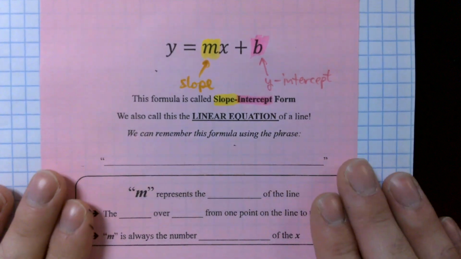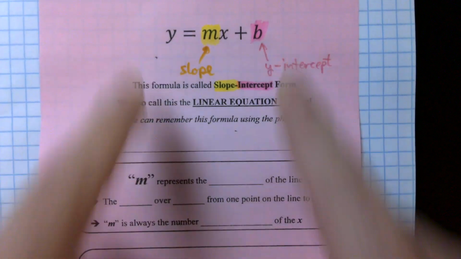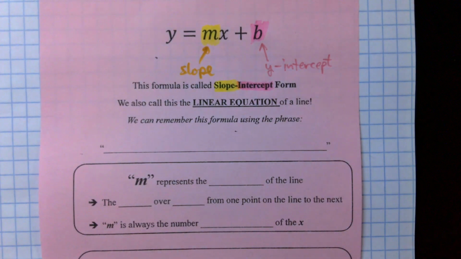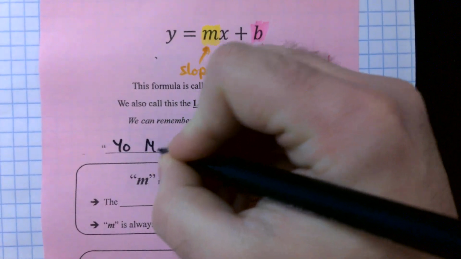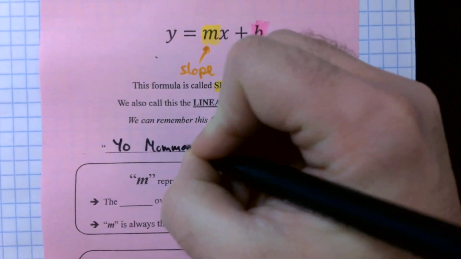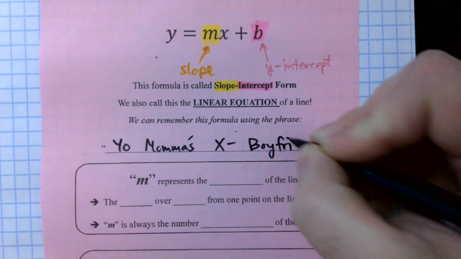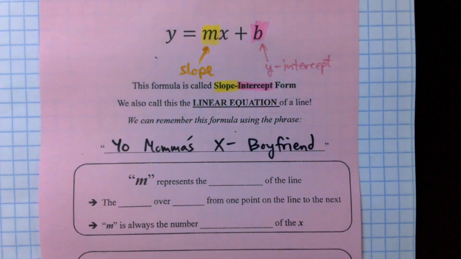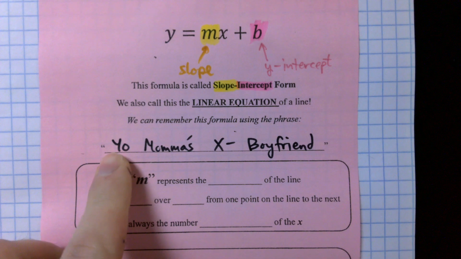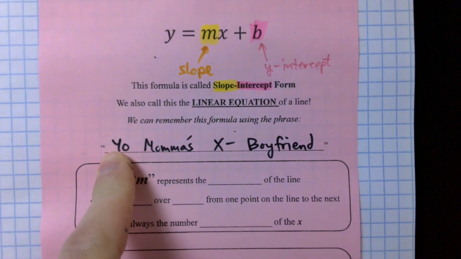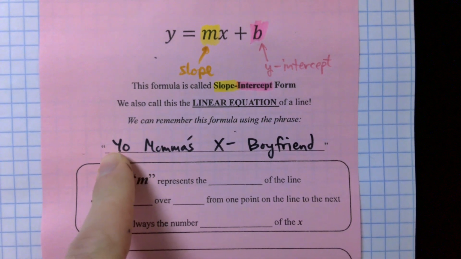But, again, you know how I am with phrases. There's a phrase that we can use to remember what this formula is. And that phrase is, yo, mama's ex-boyfriend. All right? Everybody repeat after me. Yo. Everybody say yo.